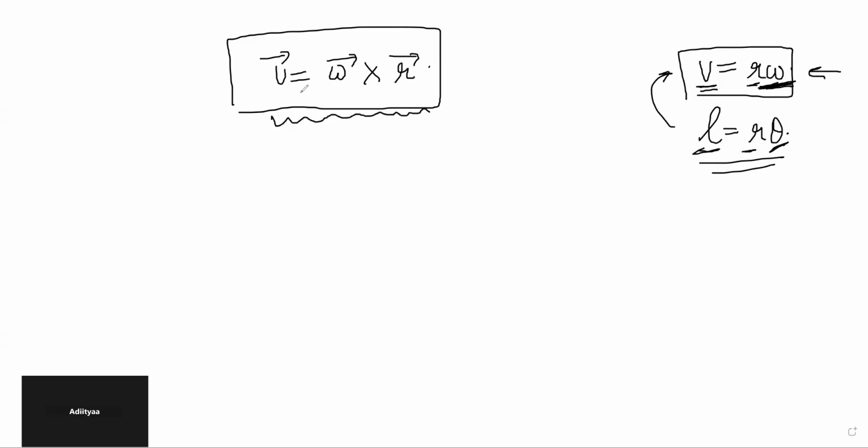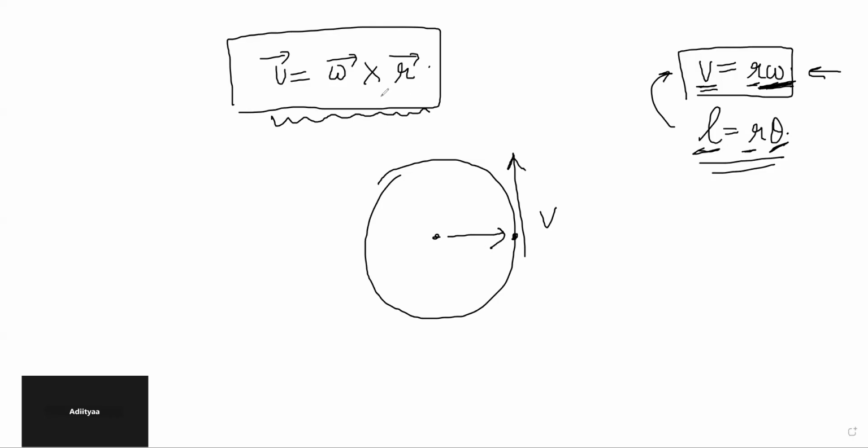What this means is you want velocity to be a vector, right? And if you think of circular motion, the velocity is along the tangent, right? So if you have a radius vector, think about it. How can you make a radius vector combine with something and give a tangential vector, right?